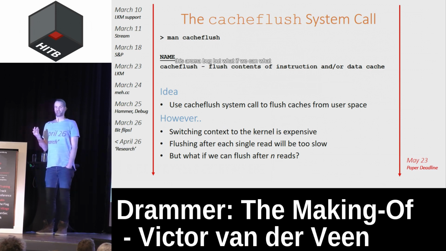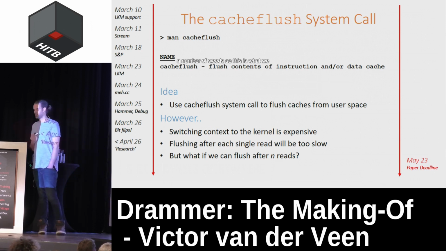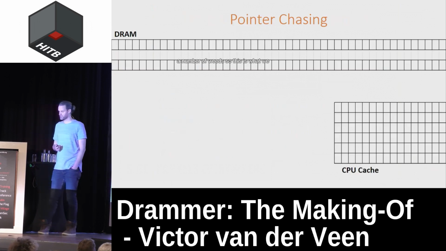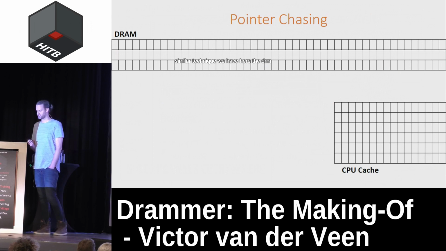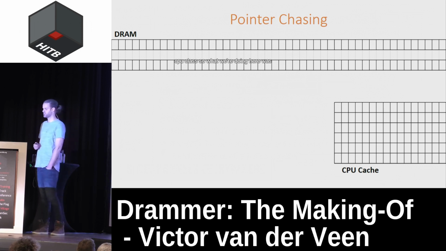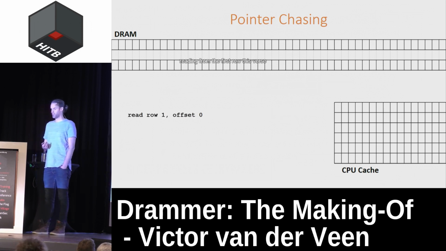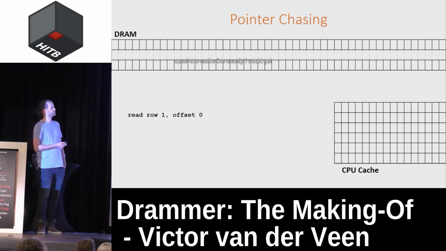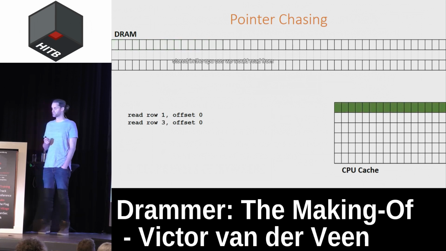But what if we can? What if we don't have to flush after every single read, but flush after a number of reads? This is what we call pointer chasing, or a similar technique. We have the DRAM on top, with 3 rows, and we have the CPU cache. We read from the first row, the first offset, and exactly 1 cache line gets stored in the CPU cache.